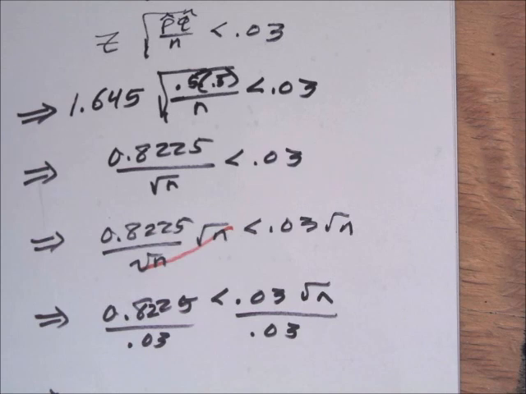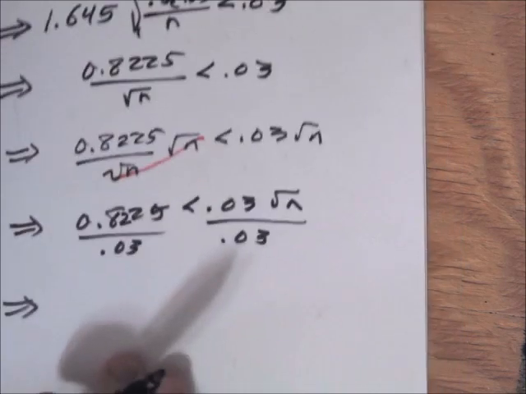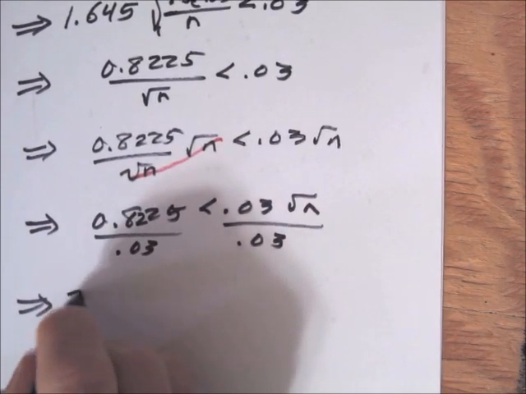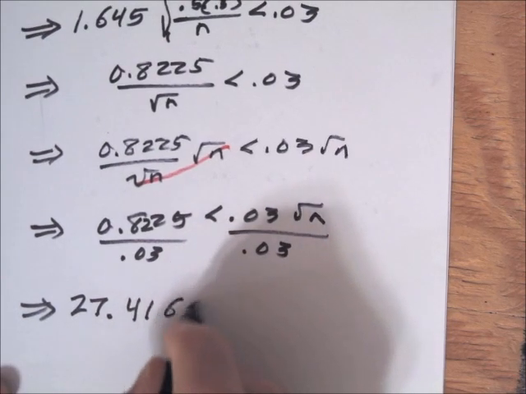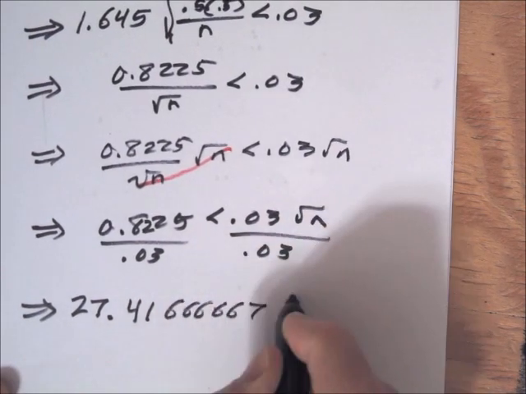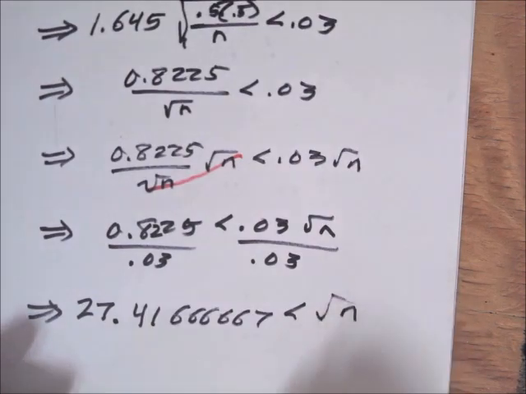That gives us 27.416666667 less than square root of n.